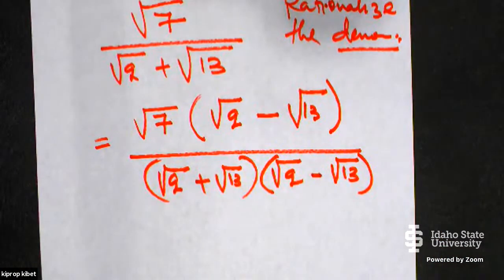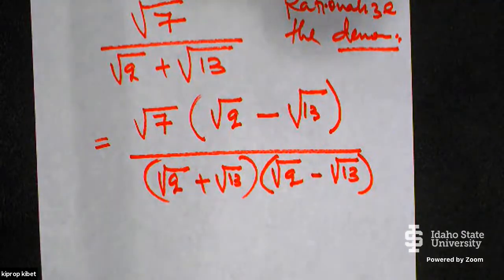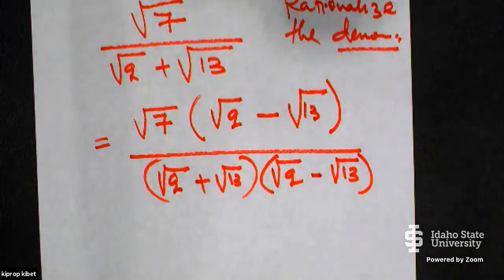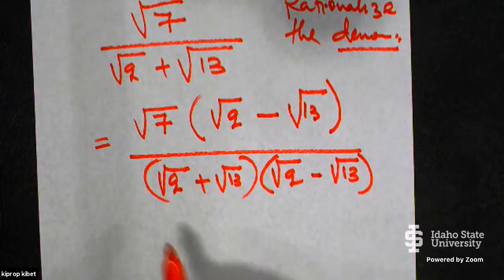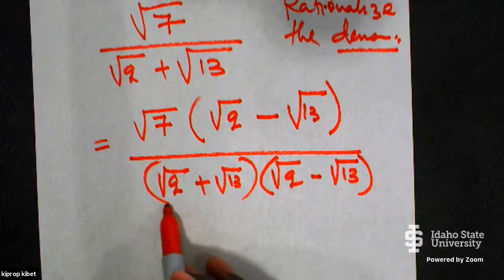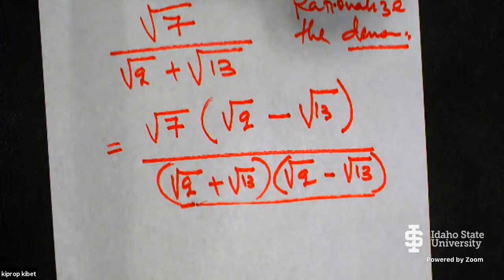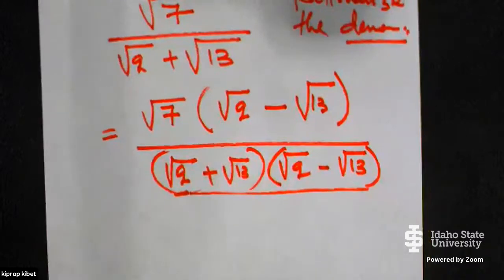So we multiply by the conjugate in the denominator and the numerator. And then now you simplify. So in the denominator, this is a difference of two squares.